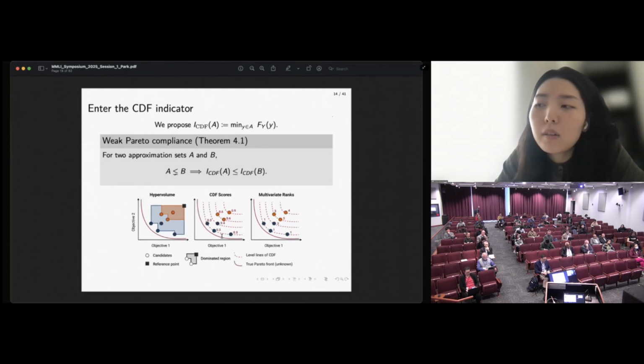So we conclude that A is better than B. And the CDF scores also induce multivariate rankings of these points, where the smaller CDF scores are ranked higher, or better, closer to the Pareto front.